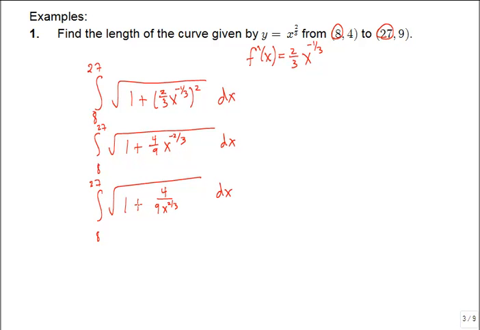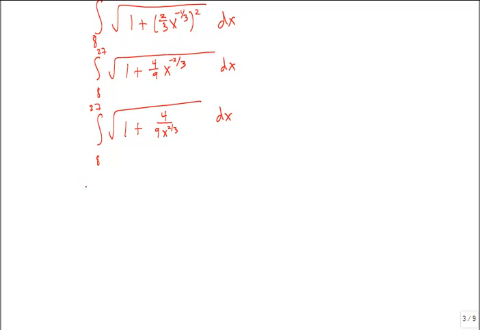Now in order to make this something I can integrate, I'm going to go ahead and get a common denominator. So I'm going to rewrite this as 9x to the 2/3 in the bottom, and 1 would be the same as 9x to the 2/3 over 9x to the 2/3. So there's my common denominator for the 1, plus my 4 that I had on top over this denominator already.